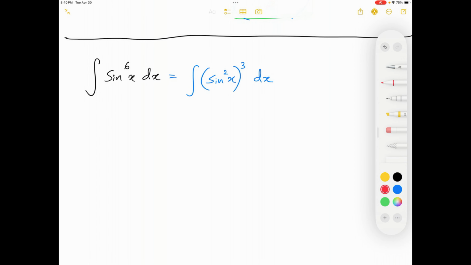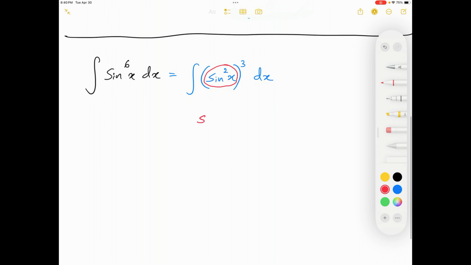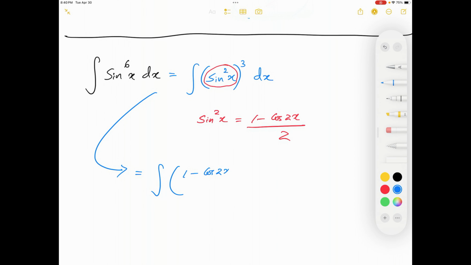And after that, we are going to replace the sine squared x using sine squared x equals 1 minus cosine 2x all divided by 2. When we do that, this integral becomes equal to the integral of 1 minus cosine 2x all divided by 2 raised to the 3rd power dx.